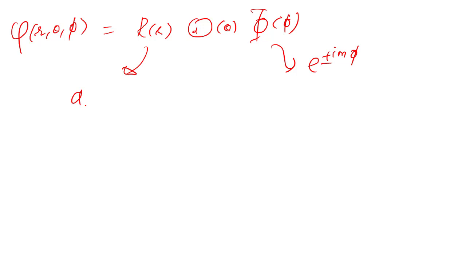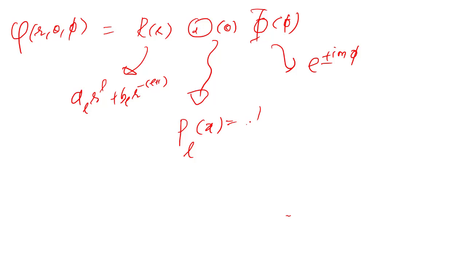For this the solutions are A_L r to the L plus B_L r to the minus L plus 1. And for this we have seen, especially for the m is equal to 0 case, we have Legendre polynomials P_L of x, which look like 1 over 2 to the power L L factorial d by dx to the power L x squared minus 1 to the power L.